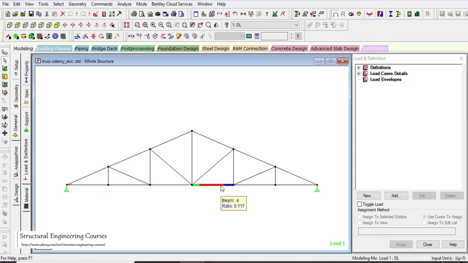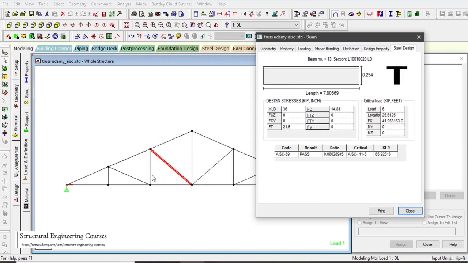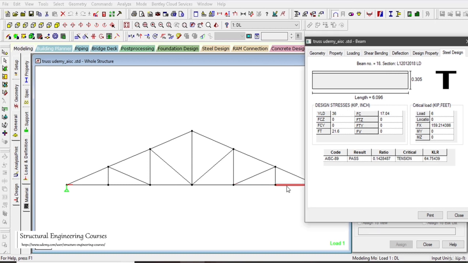So here we can see that the utilization ratio is very low here. That is, the loading is very less here, and as predicted, the bottom member is always in the tension, so that is what they had predicted here.